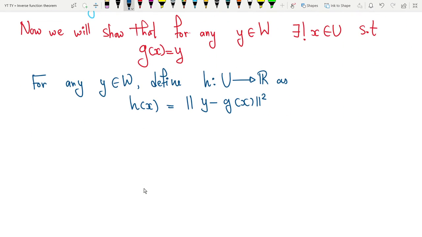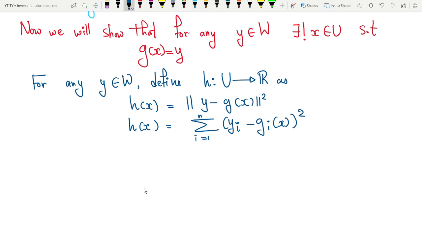Okay, so what is this norm square actually? Actually, h(x) is defined as what? That is nothing but the sum, since it is square, so the square root part will go. So it is the sum, i running from 1 to n, of (y_i minus g_i(x)) whole square.